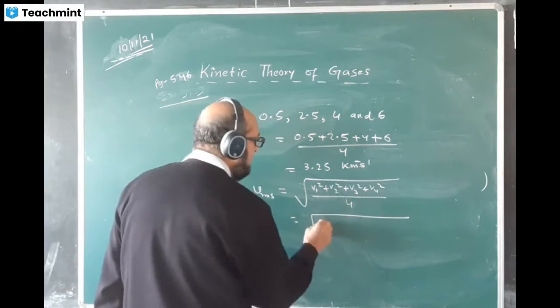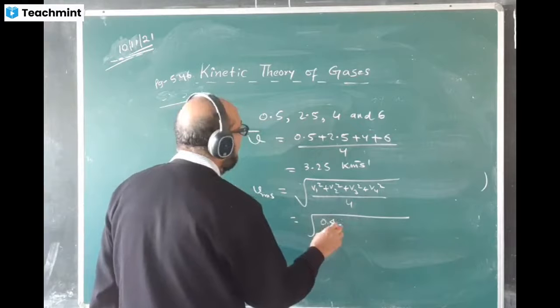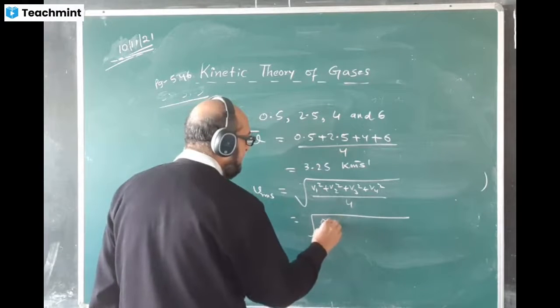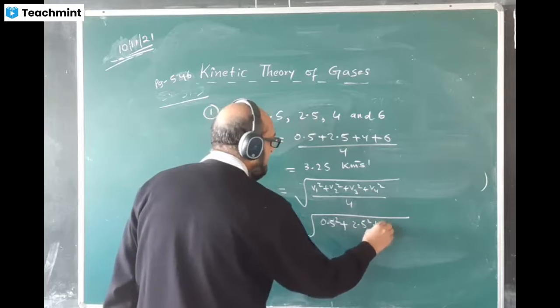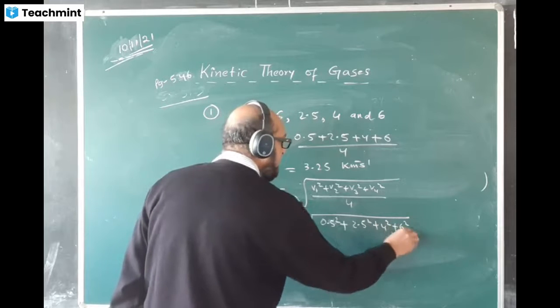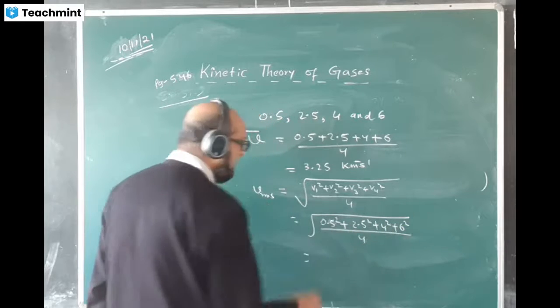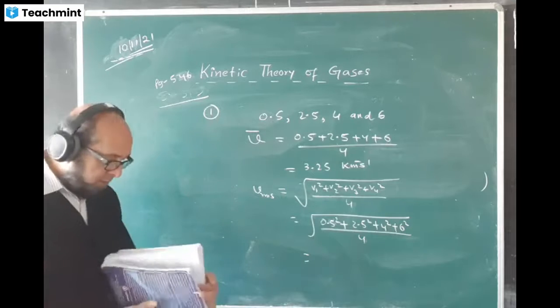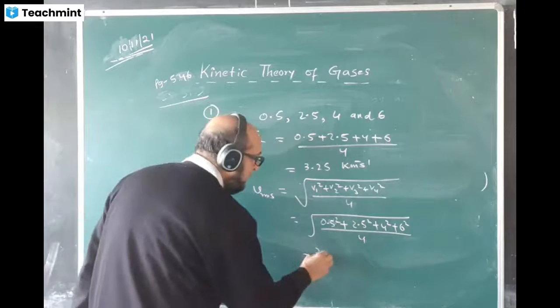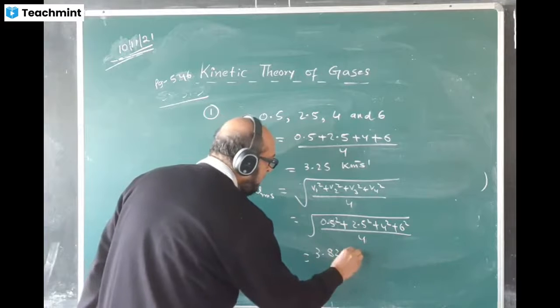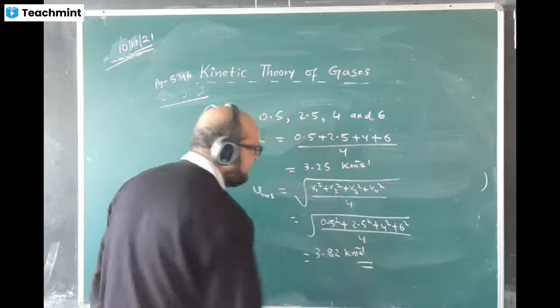Root of 0.5 square plus 2.5 square plus 4 square plus 6 square divided by 4. Your answer will come 3.82 kilometer per second.